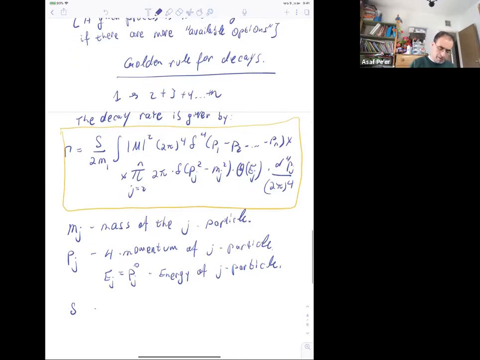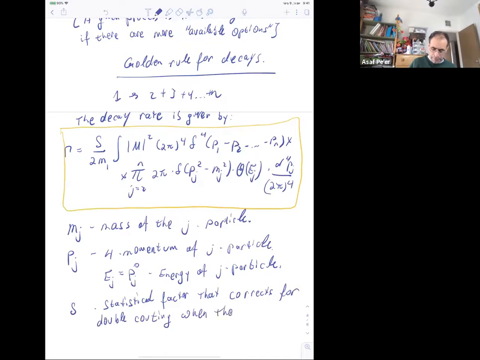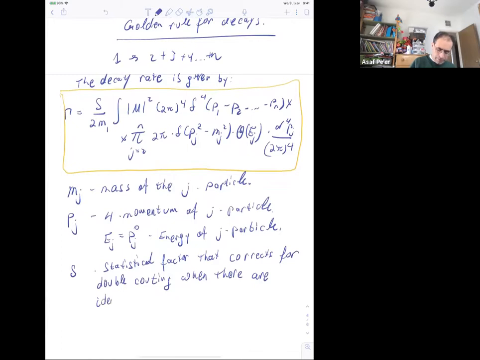So S is a statistical factor that corrects for double counting when there are identical particles in the final state.